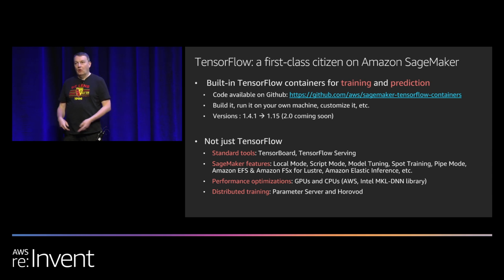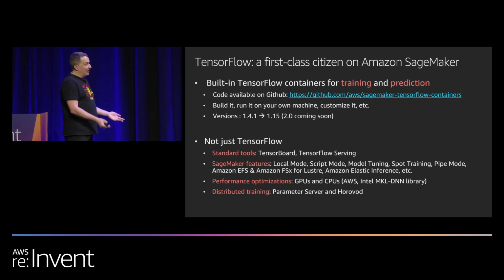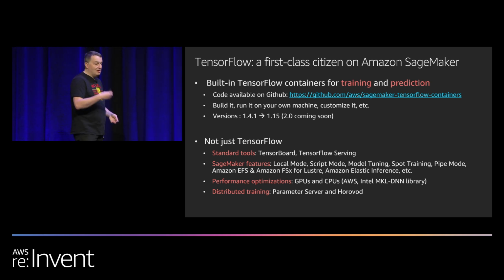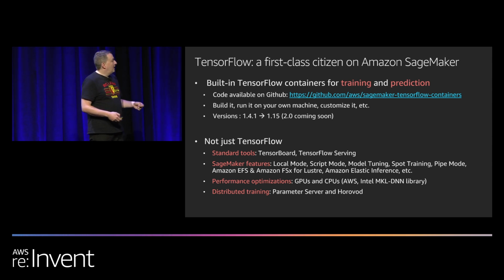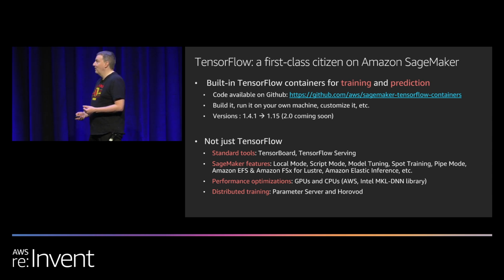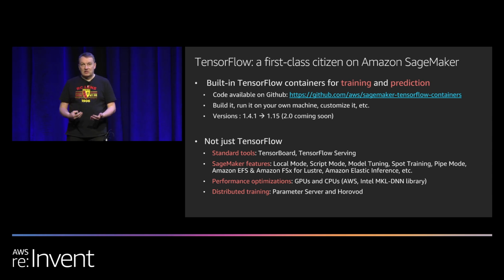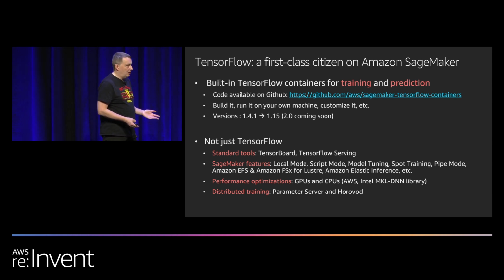Things like local mode, training locally on your local machine, script mode, automatic model tuning using spot instances, pipe mode, using EFS or Lustre for low latency training, elastic inference, and the list goes on, right? And I guess it just gets bigger every day. We have performance optimizations. We believe the TensorFlow version you are running on SageMaker is the fastest available, right?